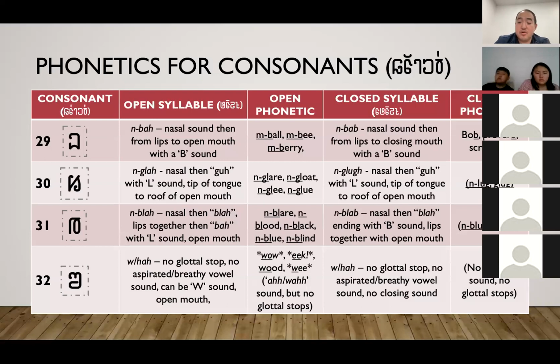Now for the closed syllable, it's pretty much similar, but with the B at the end. Like the word club or blub, right? Those are the only words that I can find. It'll be the nasal sound, ba, la, b. So four sounds, pretty much, but you combine it really quick into one.